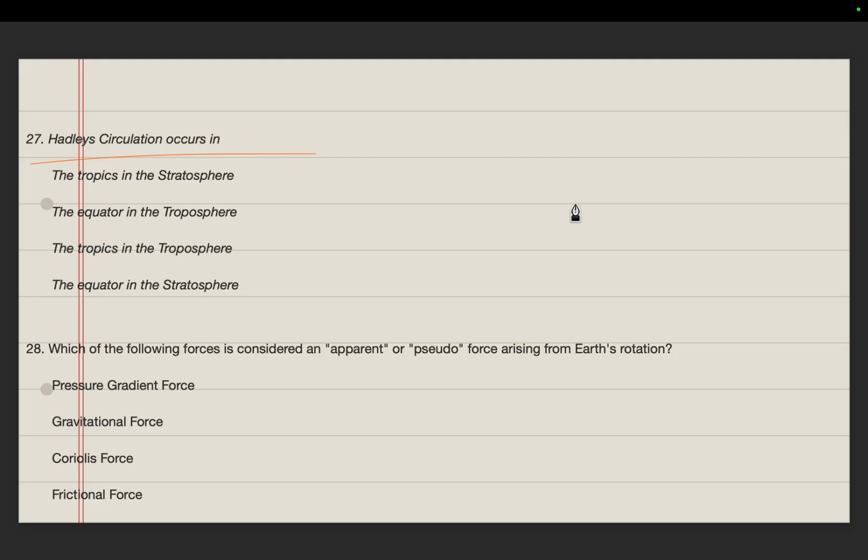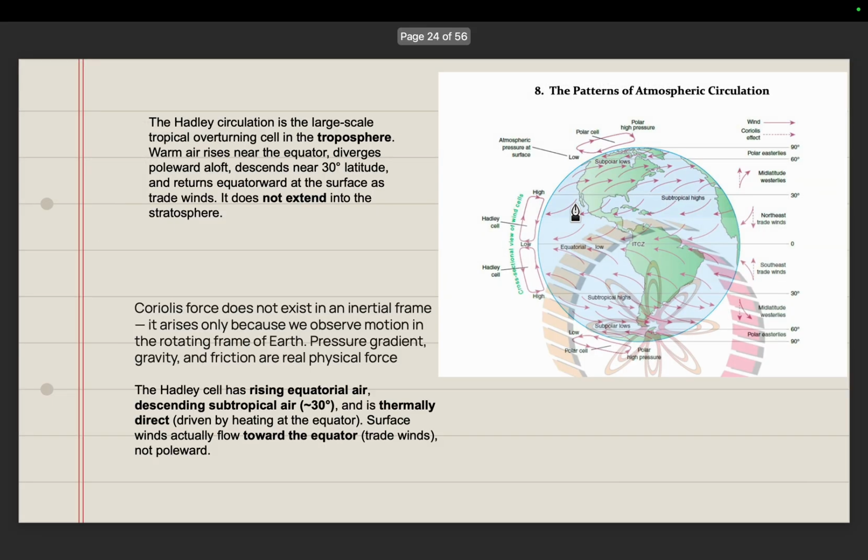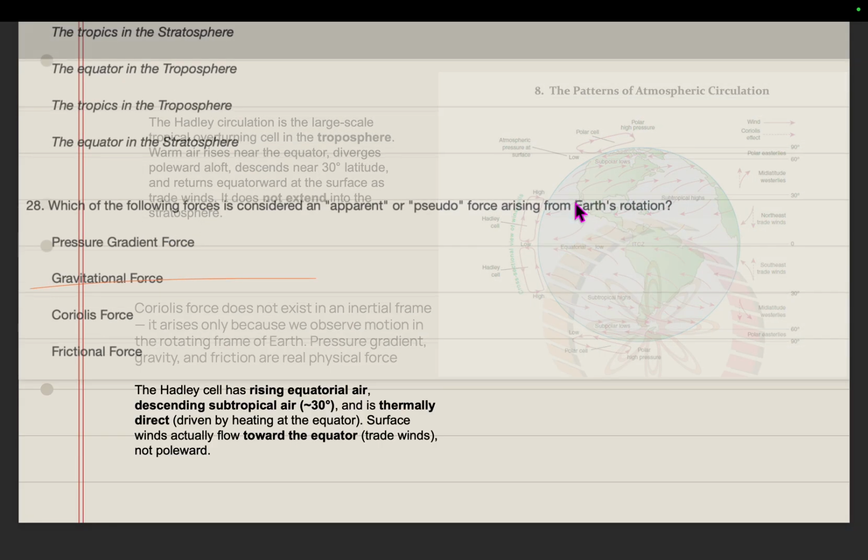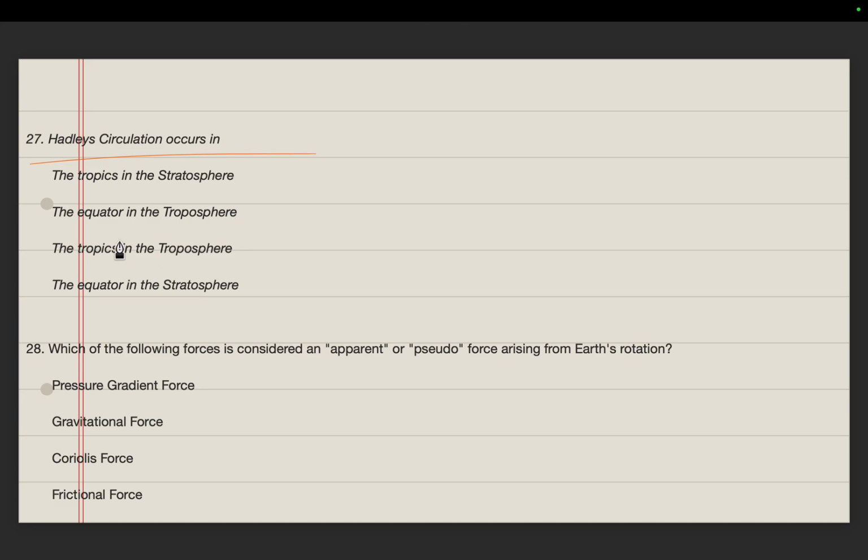Option B. The Hadley cell does not extend to the stratosphere itself. It has been seen in the tropics. Option B, you are saying? Tropics.